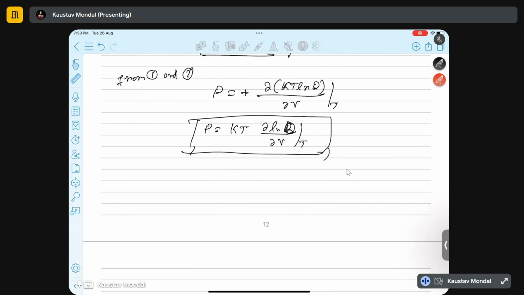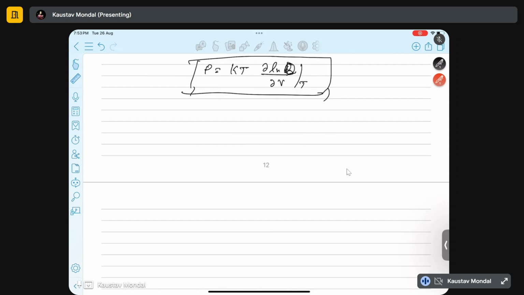So for an ideal monoatomic gas, calculate the pressure for an ideal gas. In this case, the Q would be simply q to the power N by N factorial, right?